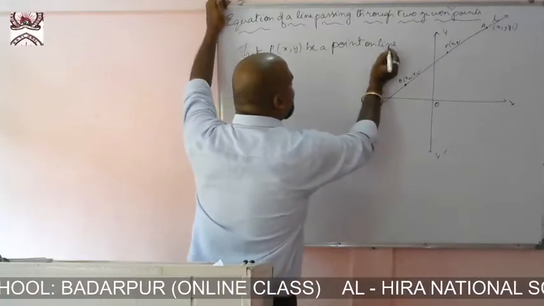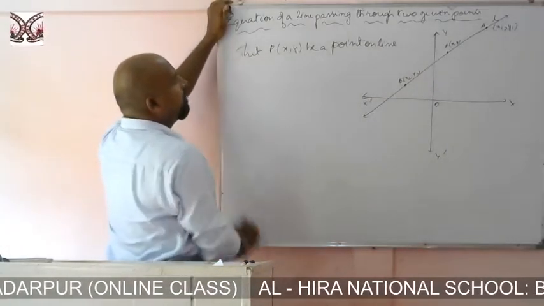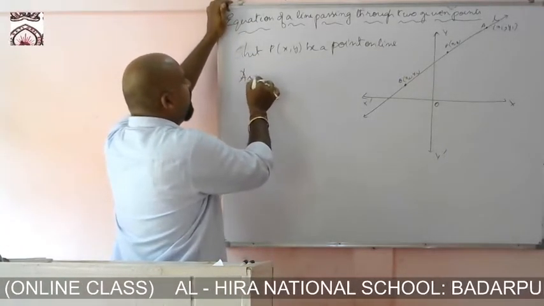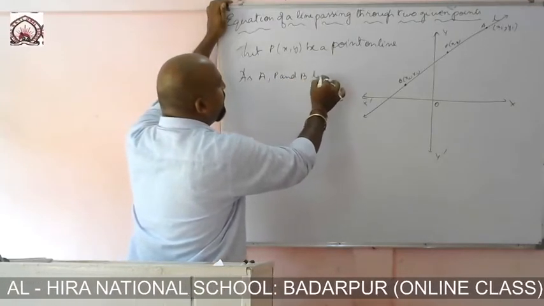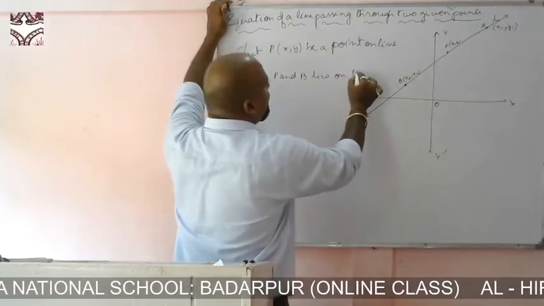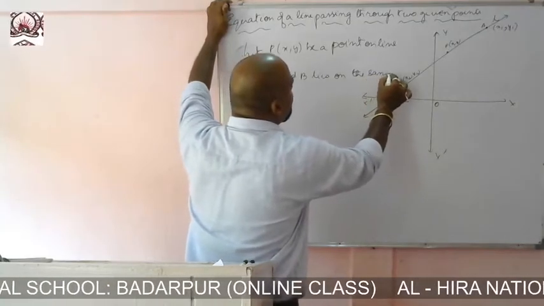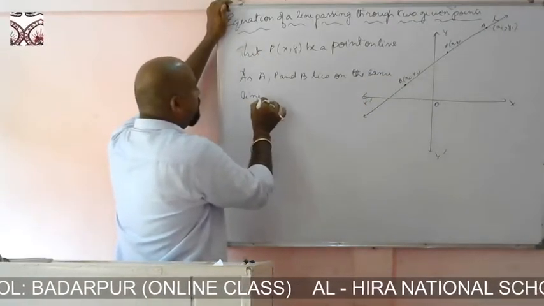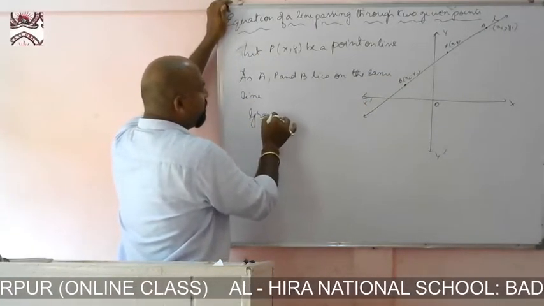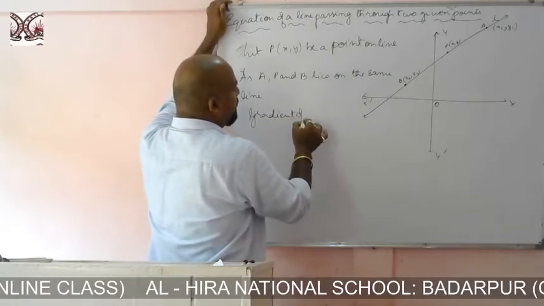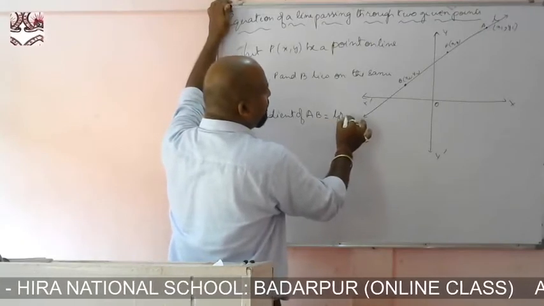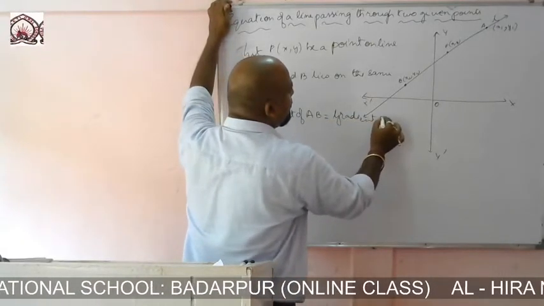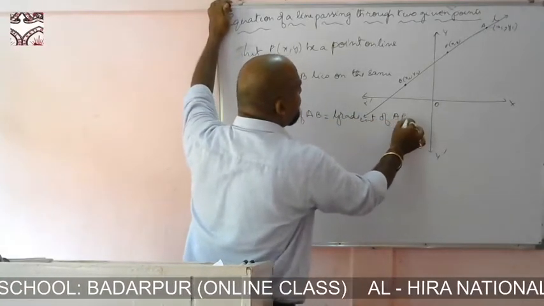Now as A, P and B lie on the same line, then the gradient of AB will be equal to the gradient of AP. Okay.